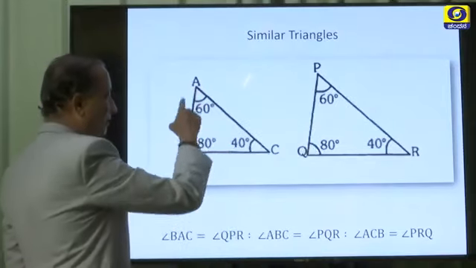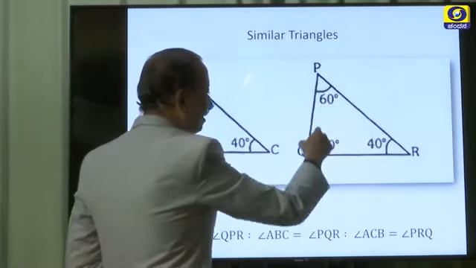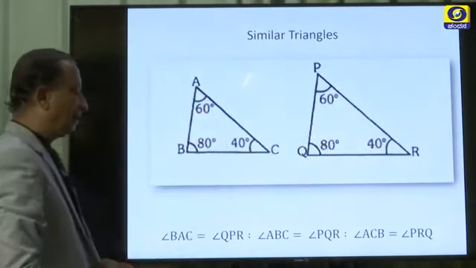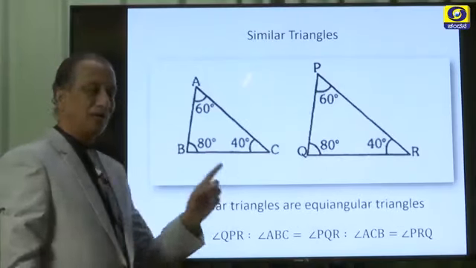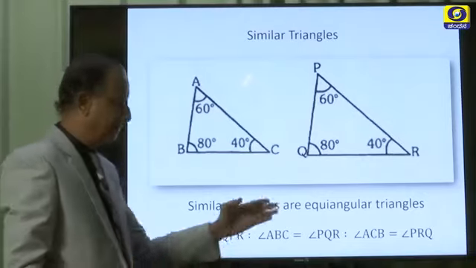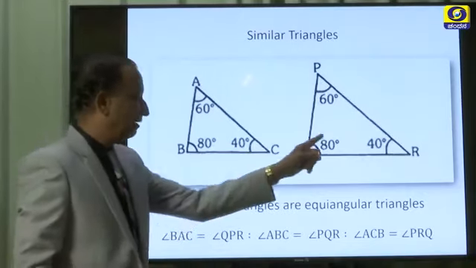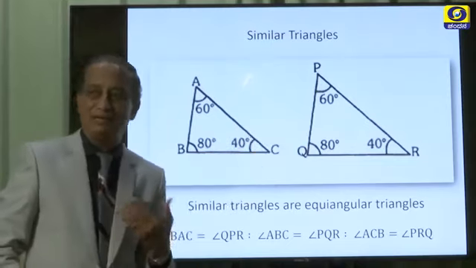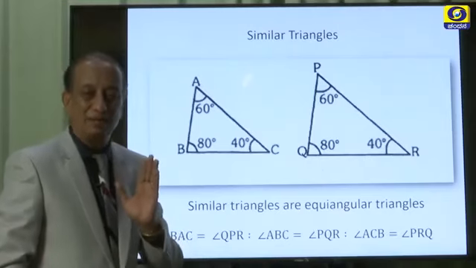So, three angles of this triangle are respectively equal to three angles of this triangle. Therefore, the fundamental property is, if two triangles are similar, then they will be equiangular. Whenever you see equiangular triangles, you can simply conclude that they have the same shape.